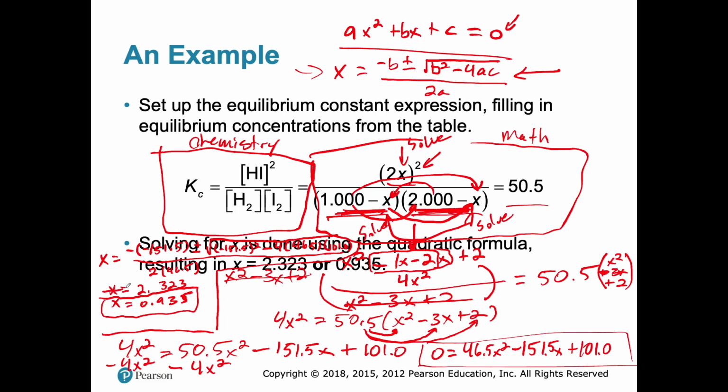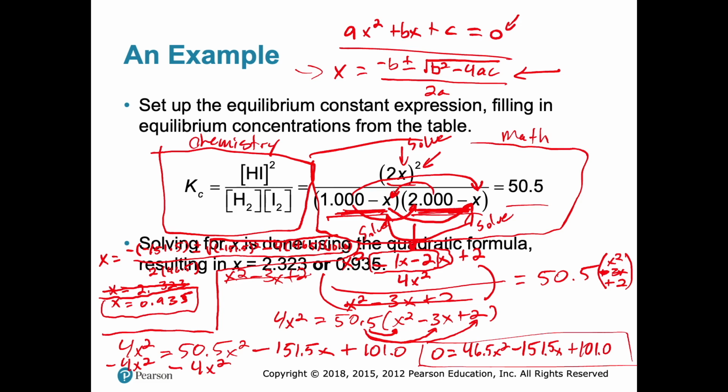The incorrect x is that one, because it is physically impossible for you to subtract 2.323 molar from an initial concentration of 1 molar or 2 molar. So it's always going to be the x that is lower than your initial concentrations.